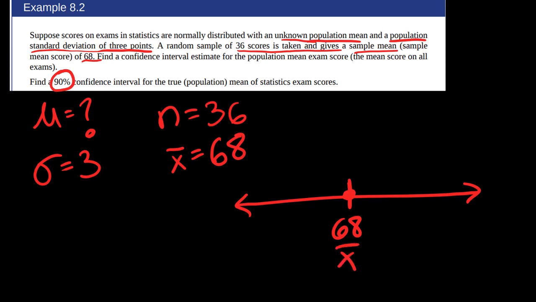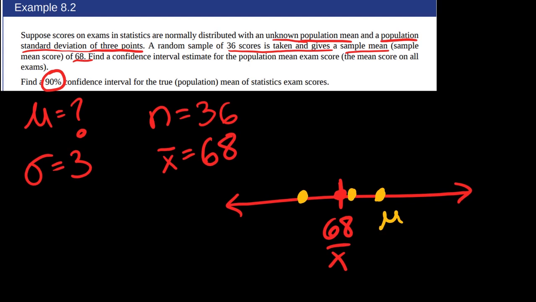The thing is, we don't know where the population mean is. Mu could be a little bit above 68, a little below 68, really close to 68, or it could be 68. We don't know where the population mean mu is.